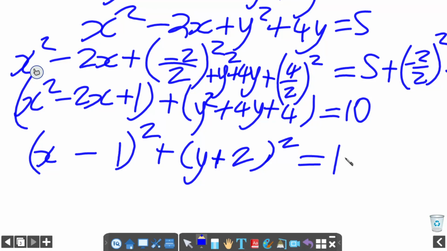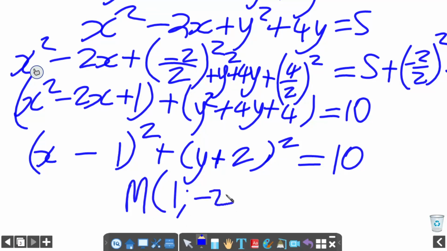So what are the coordinates of m? 1, negative 2. Very important. That's a very good question. I like it.